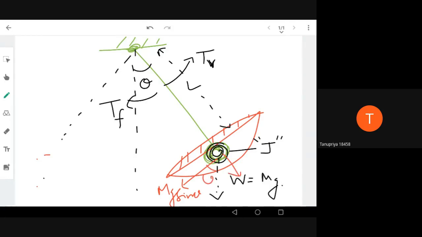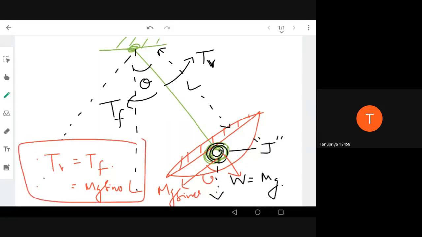Then we write the equation TR equal to TF, and apply the mg torque equation, mg sine theta into L. So this kind of modeling is used in the mechanical domain too. Without using the real system, we model using mathematical equations.